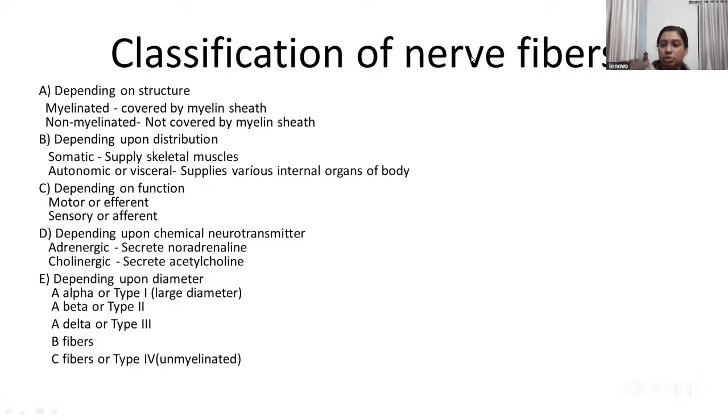And depending upon the diameter, we can classify into A fibers, B fibers, and C fibers. A fibers can again be divided into A alpha, beta, and delta fibers. Alpha fibers have the largest diameter. C fibers have a smaller diameter. And among these fibers, only the C fibers are unmyelinated. Okay, that's about the classification of nerve fibers.